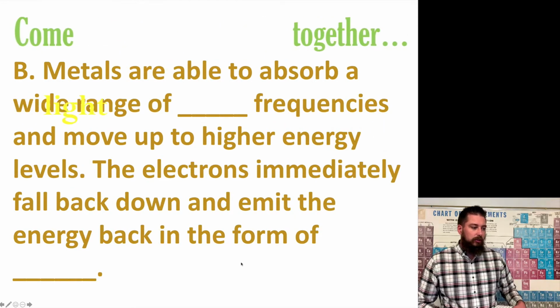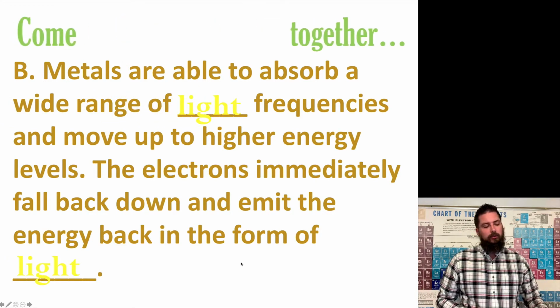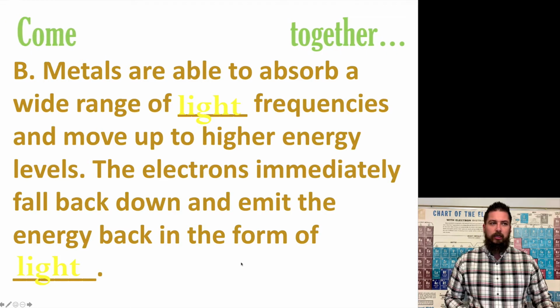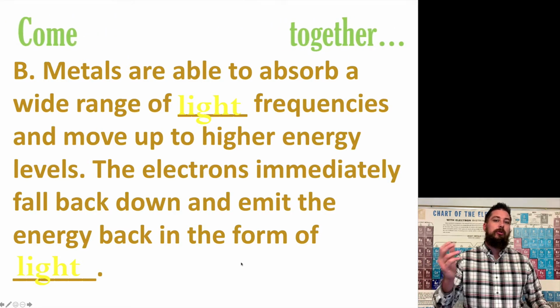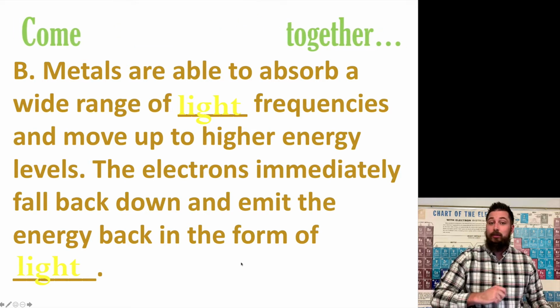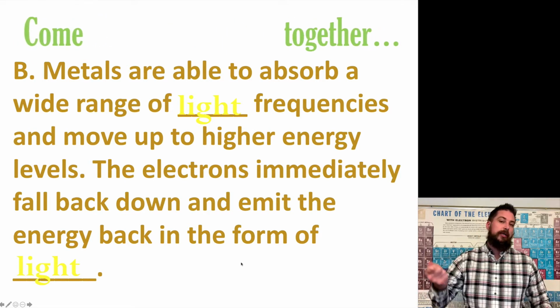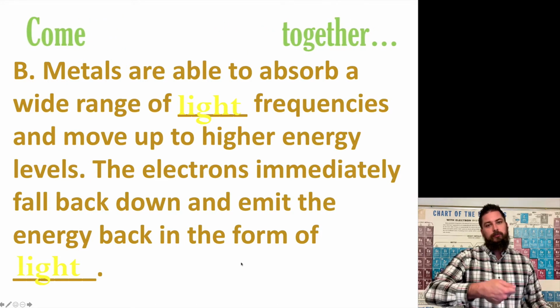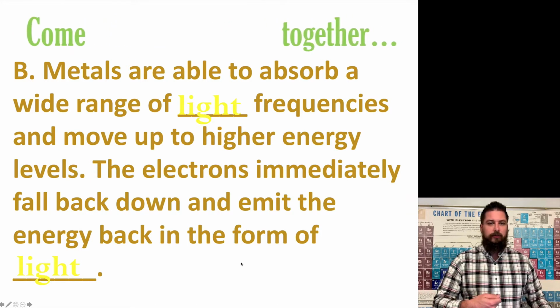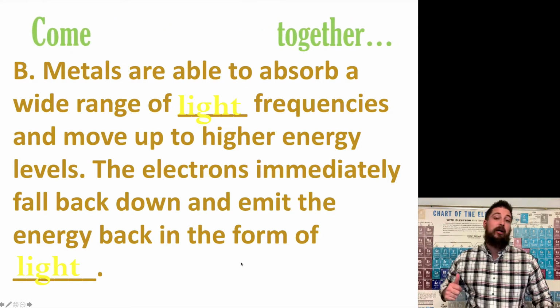Metals are also able to absorb a wide range of light, and what I want you to do is think about Unit 3, when we talked about how light would come in and the electron would absorb that light and jump to a higher energy level. Because metals don't hold on to their electrons very well, those electrons are able to get so excited that they fly off.